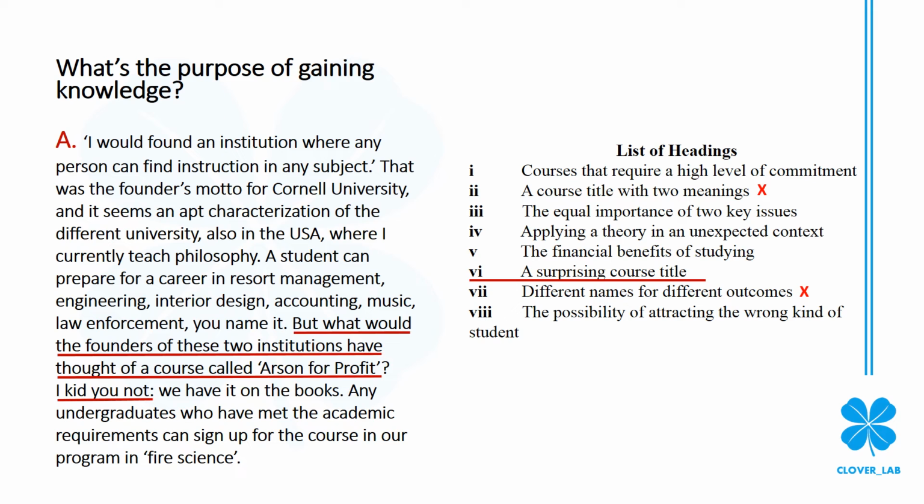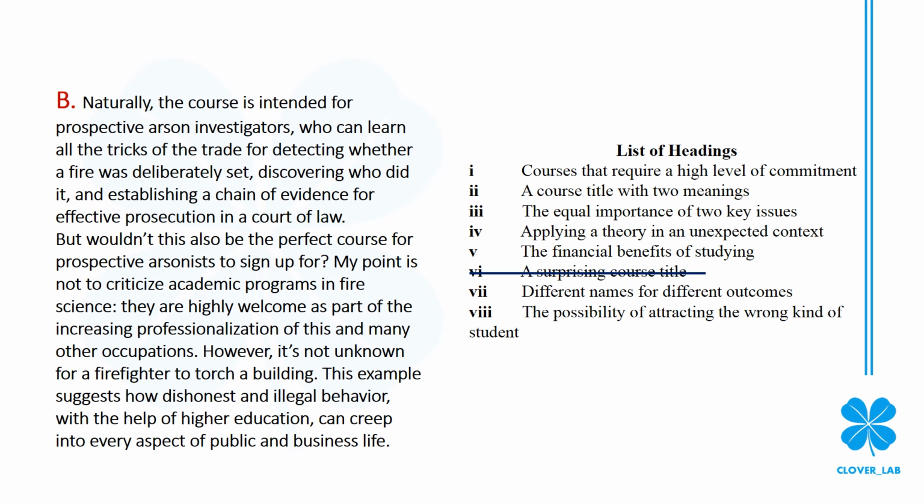Okay, what's next? Section B. Take your time to read this paragraph. Okay, the answer for section B is heading number 8, the possibility of attracting the wrong kind of student. Well, as you see, section B is about targeting students of the course because of the opening: the course is intended for prospective arson investigators.